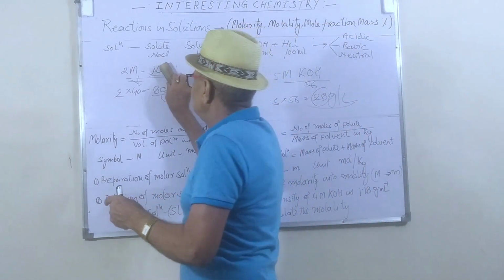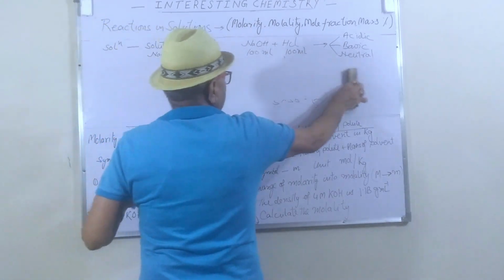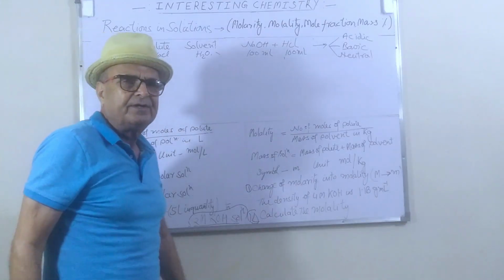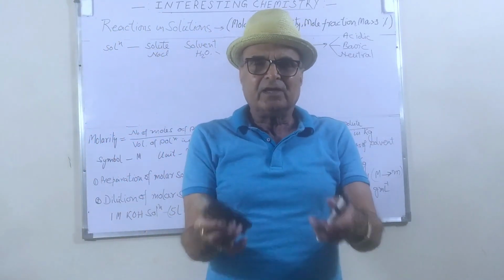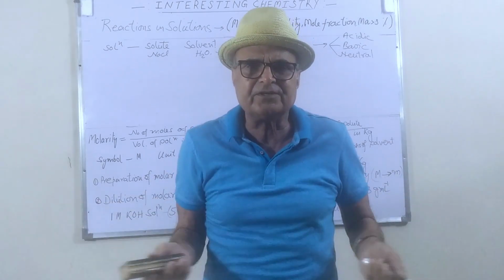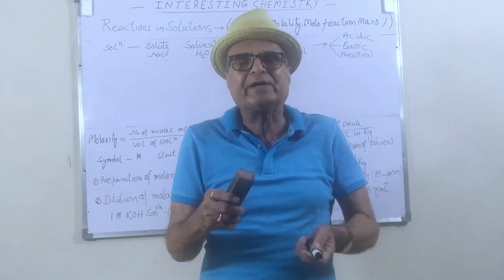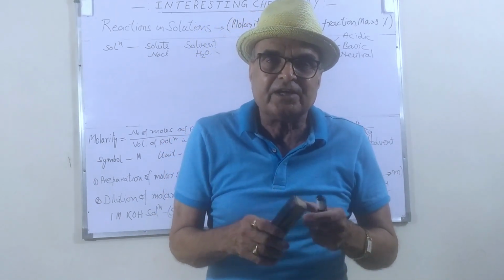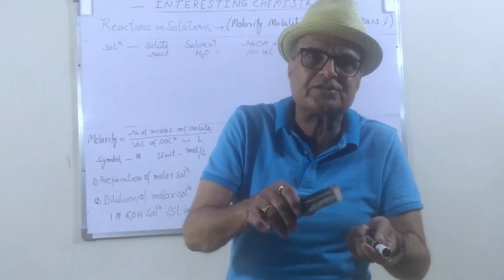Now I have come to the second question: dilution of the molar solution. If you have a solution of higher strength, higher concentration, how will you get a solution which is less in concentration or strength?